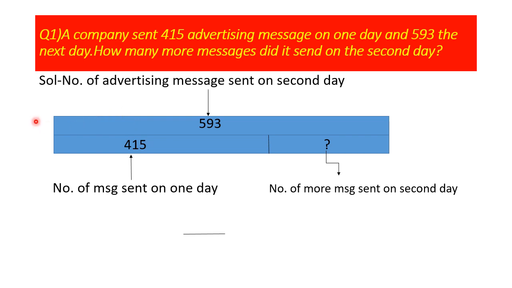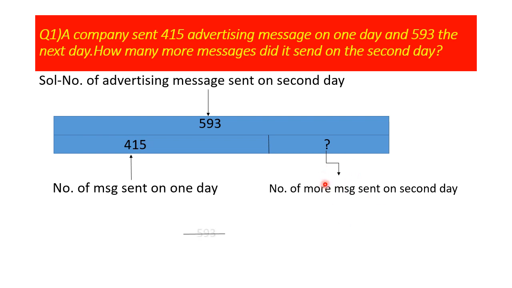Here what I have done, I have selected a bar model in which I have shown the number of advertising messages sent on the second day. I have written this first, and since we need to subtract the number of messages sent on day 1 from day 2, we will get how many more messages were sent on the second day.